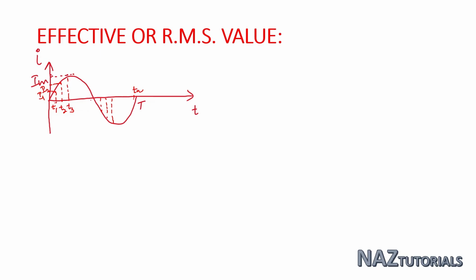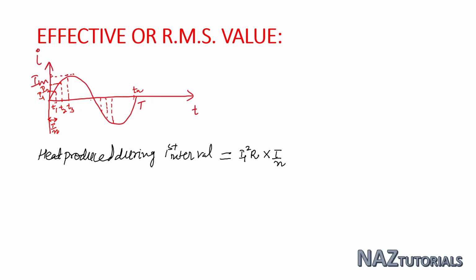Here we divide the wave into n different sections. So the time for one section is T by n. Now calculate the heat. Heat produced during the first interval is I1 square into R into T by n.